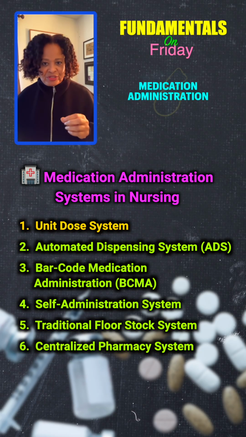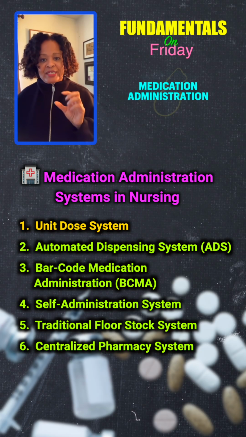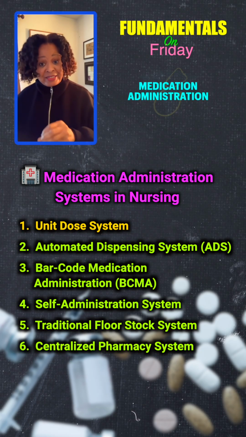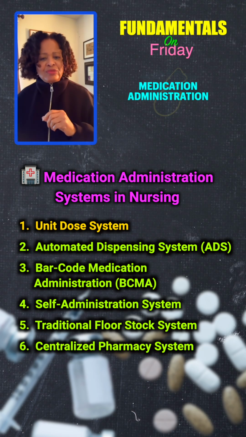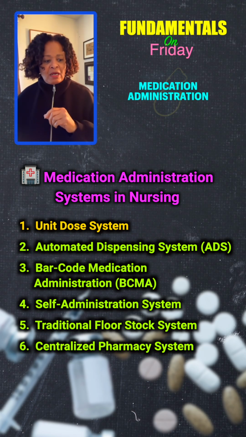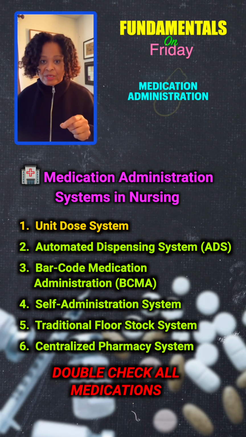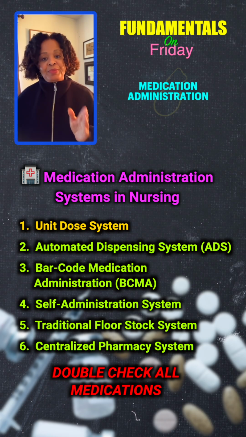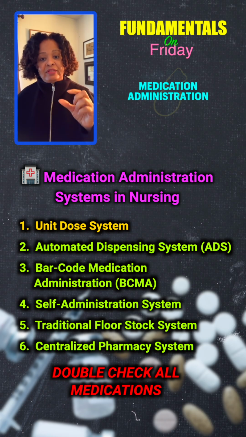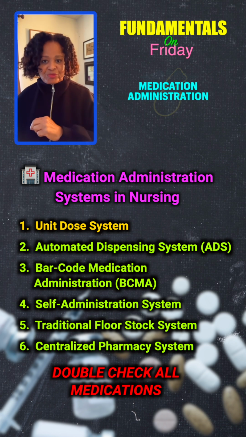Then we have unit dose, which is where the pills are put into individualized packets for your patients. They do tend to help us be more accurate in our administration. But just because the pills are in the packet, you need to double check that you're giving the right pill, because sometimes, it doesn't happen often, the wrong pill could be in the packet that is labeled something.